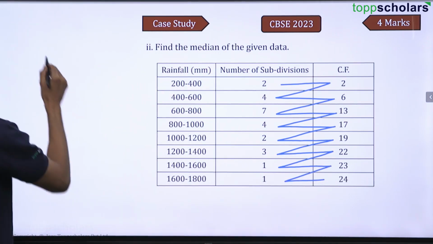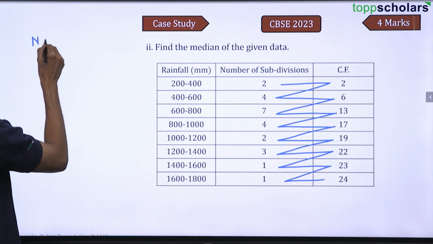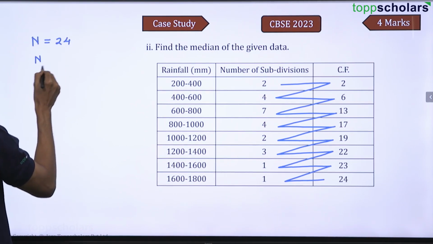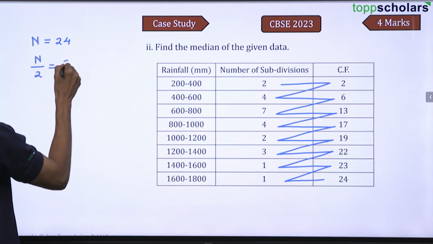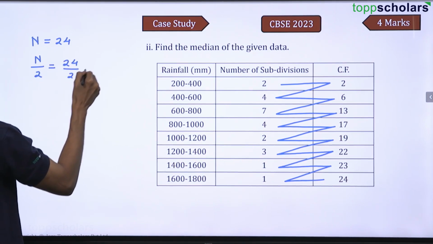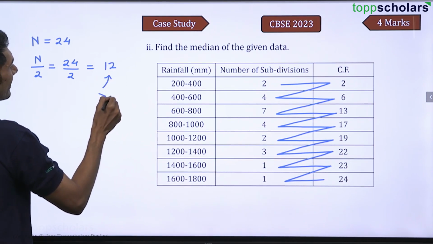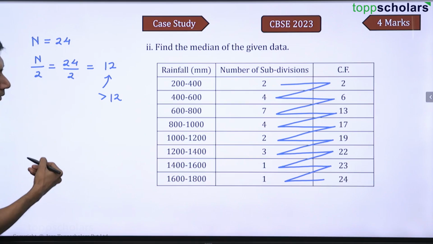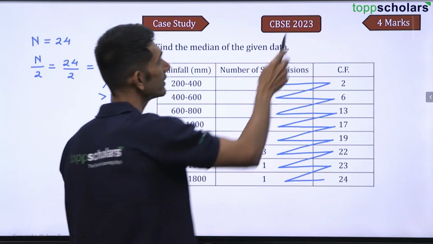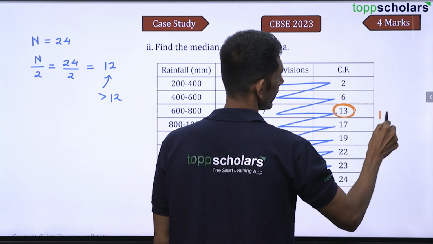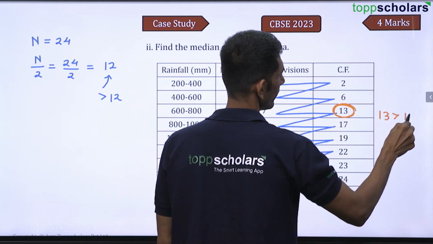So can I say the total frequency, that is N, is 24. So N by 2 is 24 by 2, that is 12. The value slightly greater than 12 is 13. So 13 is greater than 12.